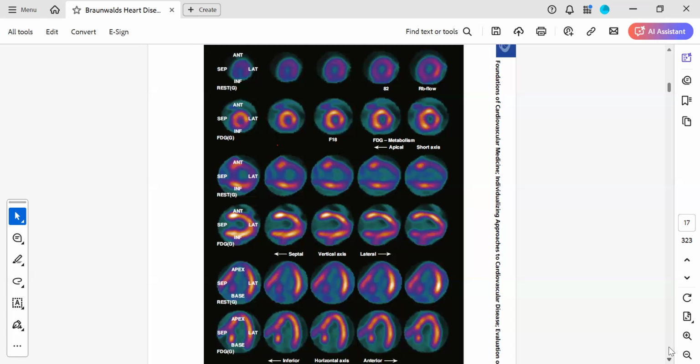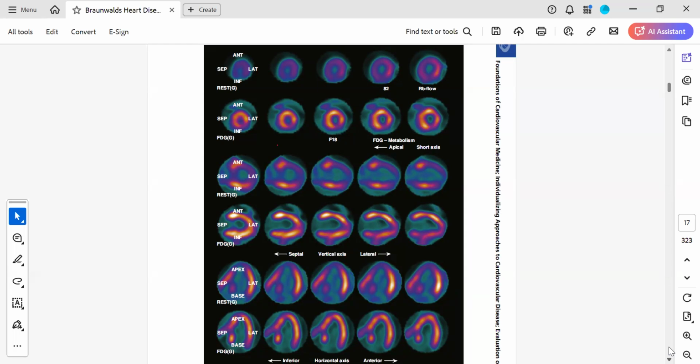In this case, we are having uptake of the fluorodeoxyglucose in a particular region which does not match with blood flow, because at that region there is decreased blood flow. This is regarded as PET mismatch, and it is known as hibernating myocardium.